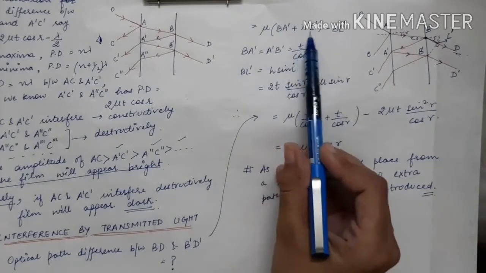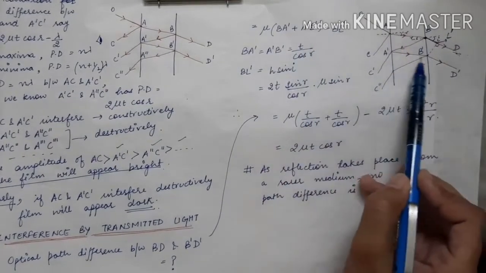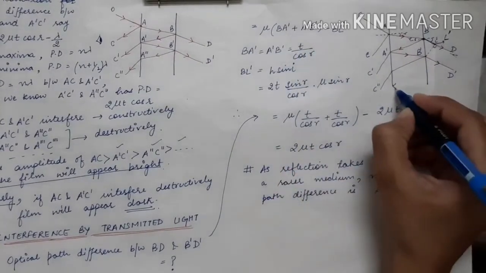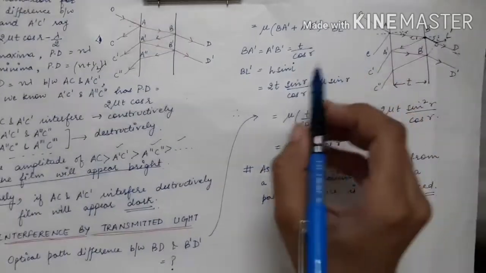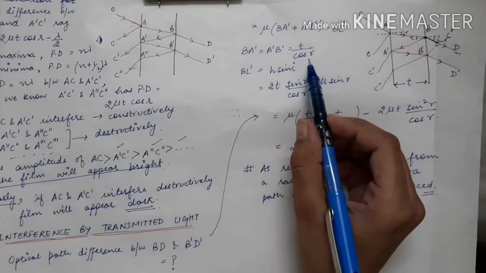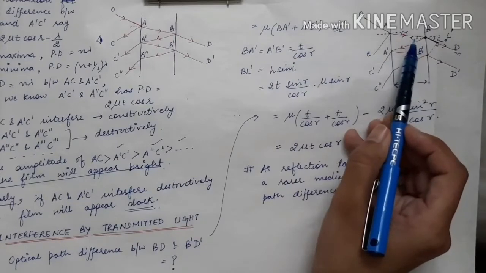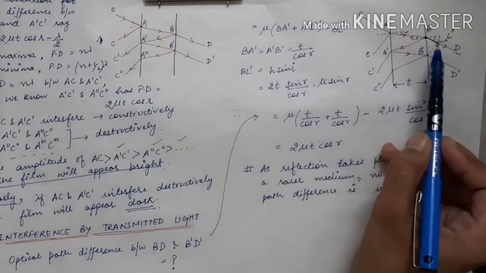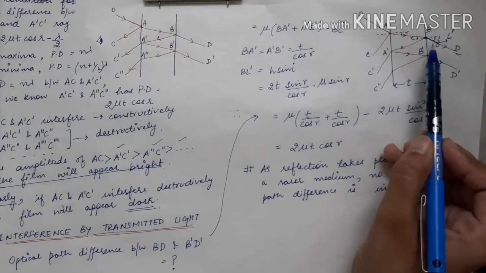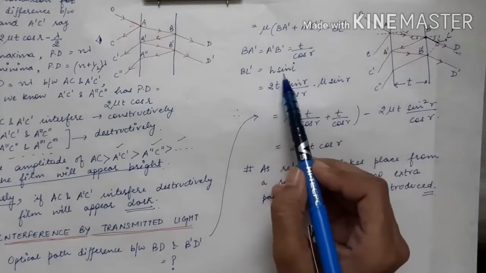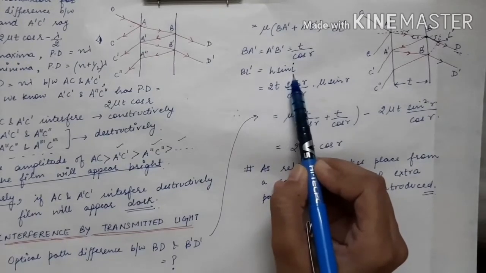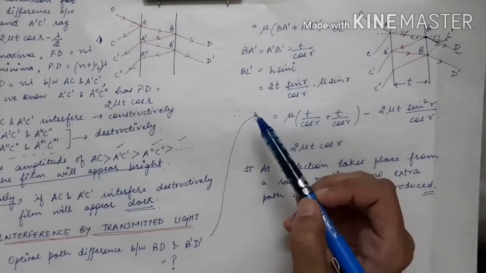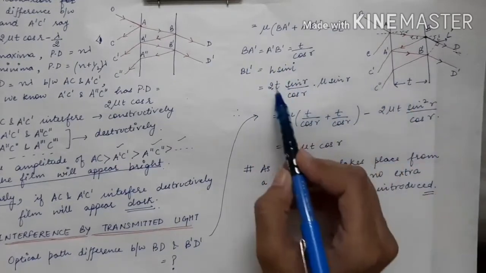BA prime and A prime B prime will be equal to each other, and this will be equal to small t, which is the thickness of the film, divided by cos R, where R is the angle of refraction. So this comes out to be equal to this expression, and BL prime can also be easily found, and it comes out to be equal to BH sin I. The procedure is the same. You can look into the previous article to find the expression of these variables.